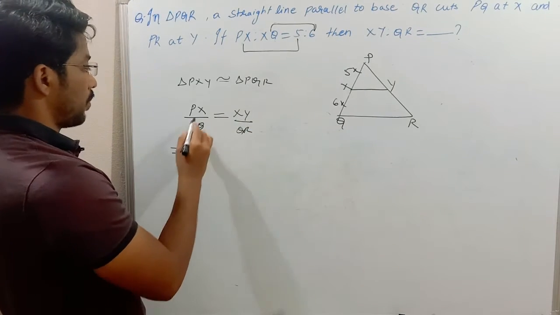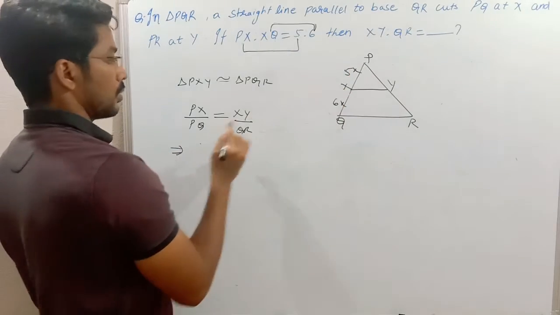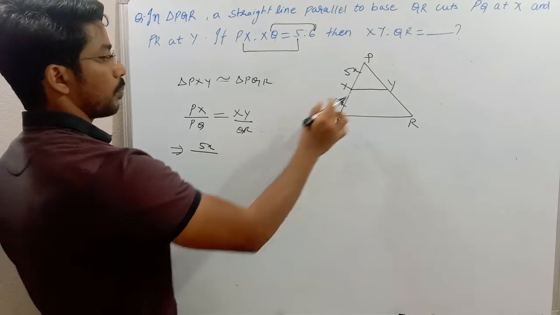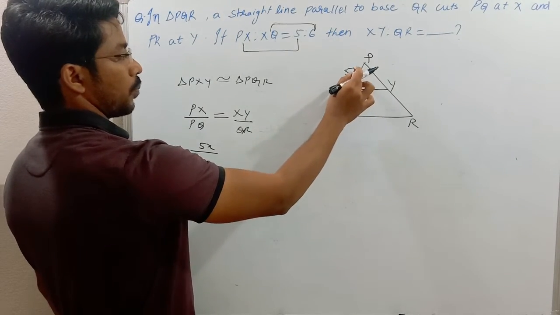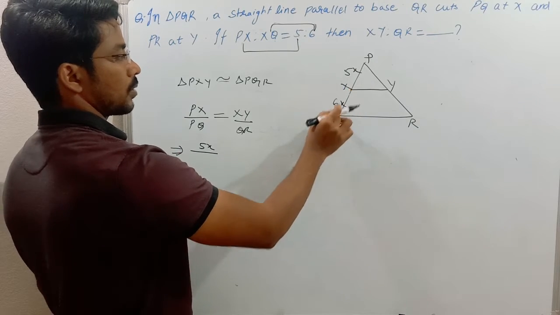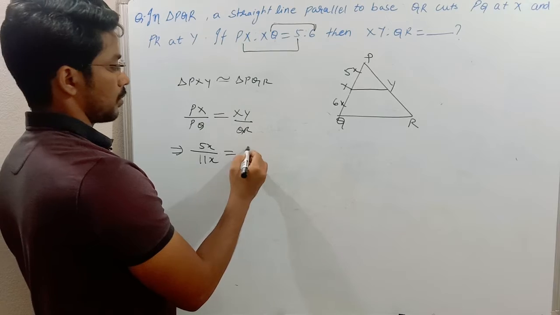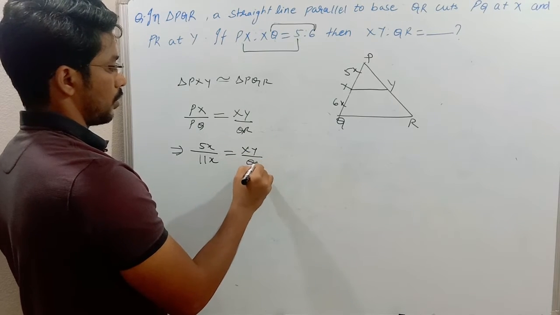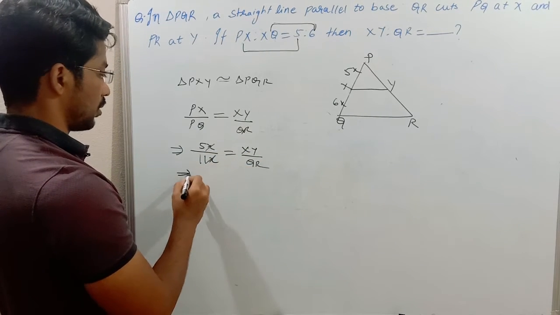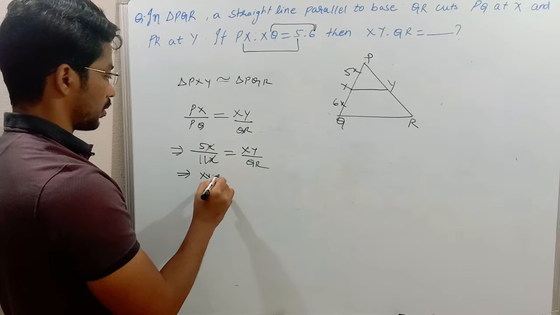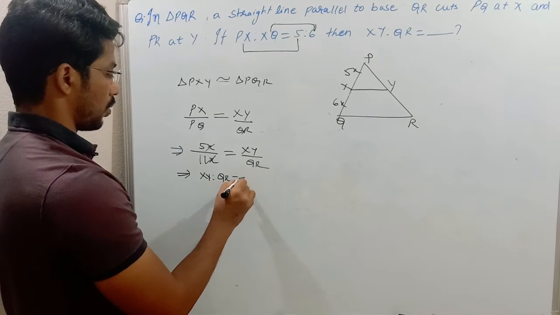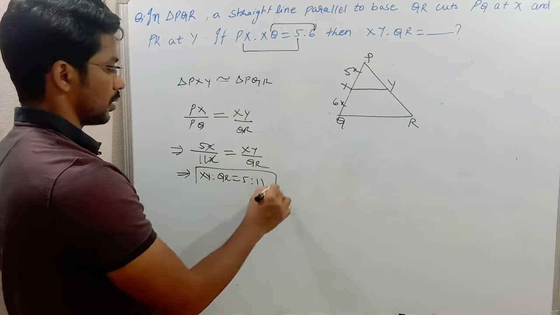PX is 5x and PQ will be equal to PX plus XQ, which is 5x plus 6x, 11x, equal to XY by QR. So x and x get cancelled. Therefore XY is to QR is equal to 5 is to 11. So this is the ratio.